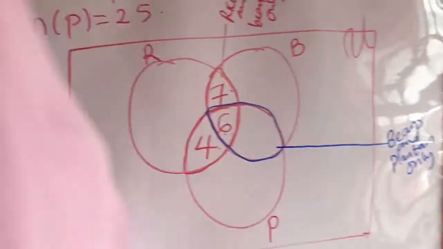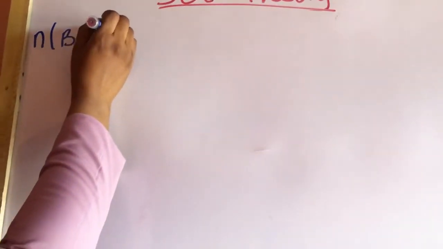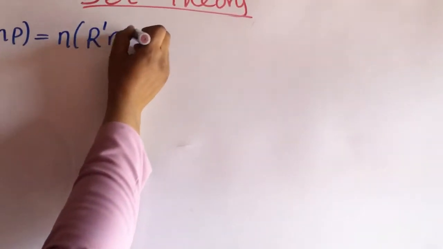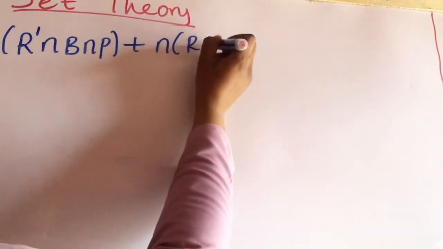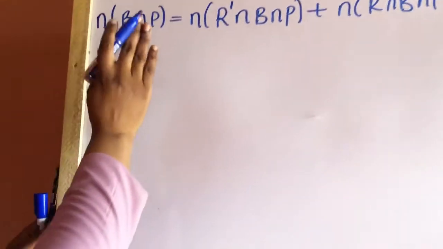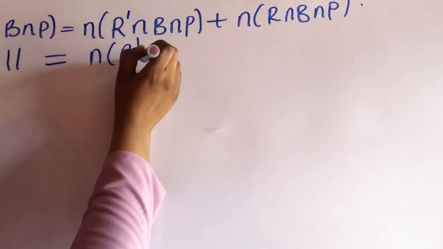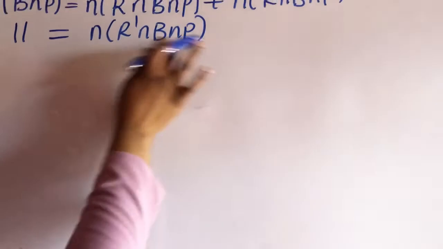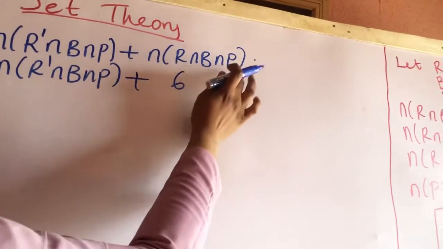So now let's move. Cardinality of beans and plantain consists of cardinality of R prime intersect B intersect P plus cardinality of R intersect B intersect P. Now cardinality of B and P is 11, which is equal to cardinality of R prime intersect B intersect P, that is beans and plantain only, plus 6, that is those that like the 3 foods.